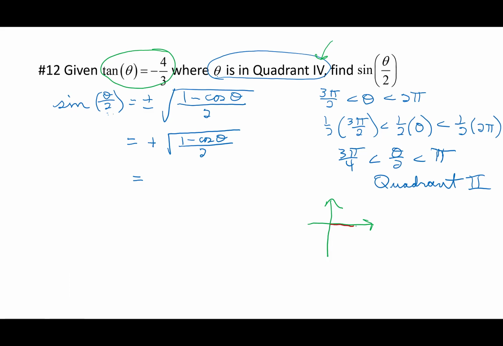Again, I don't really care so much about the dimensions as long as I number my sides correctly. So we have a little right triangle here in quadrant 4. And if the tangent is -4/3, tangent is opposite over adjacent. And oh, this works out nicely. It looks like we have a 3, 4, 5 triangle again.